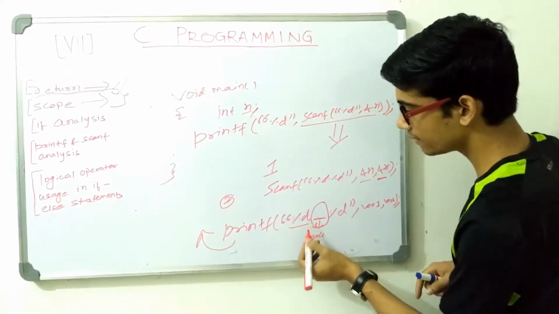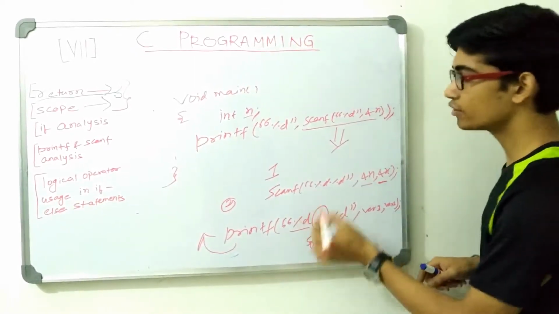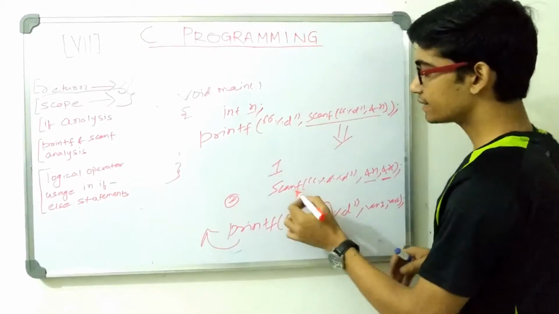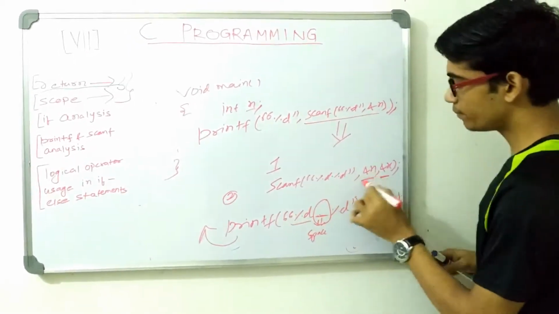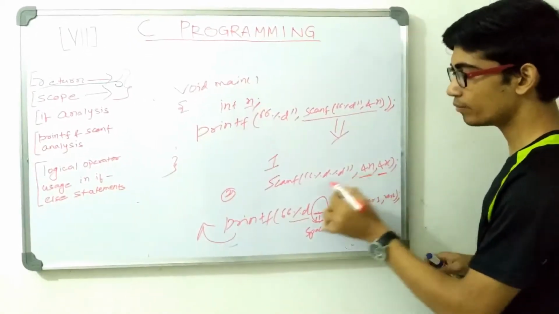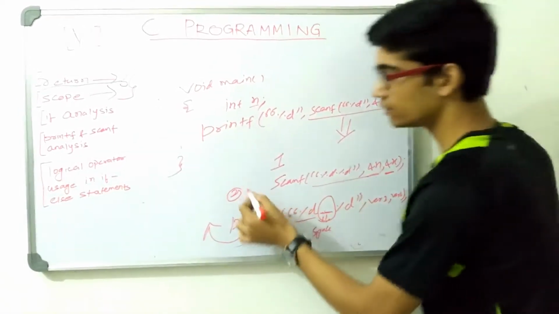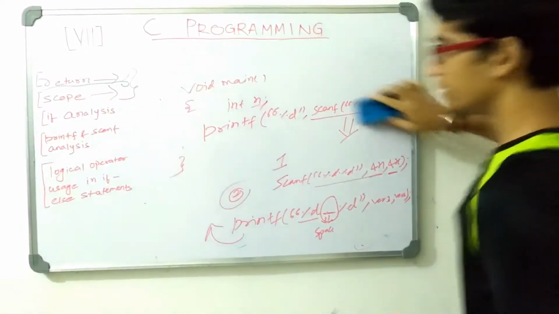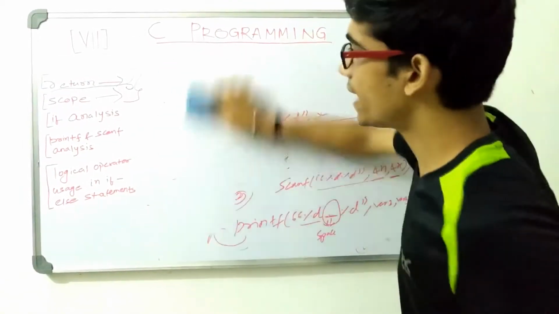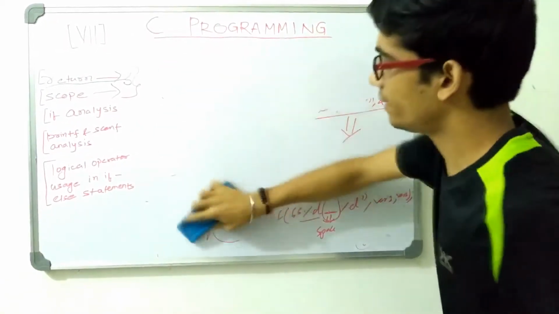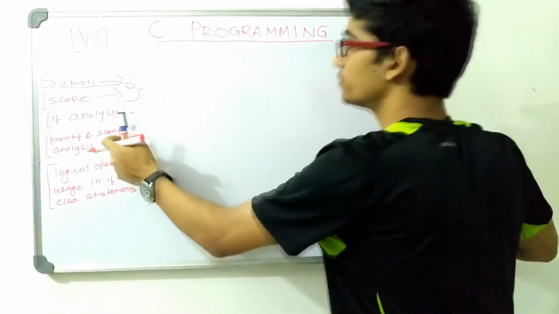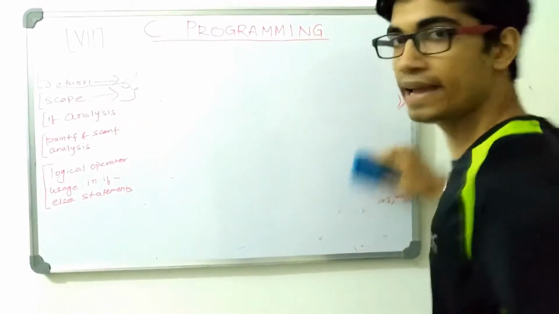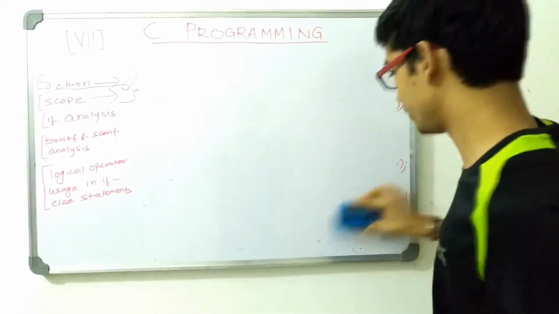The number of characters here are 1, 2 and 3. So printf returns you the number of characters that is being printed, and scanf returns you the number of inputs. How many times you are taking an input? Here we are taking 2, so scanf is returning 2. Okay, so this was about printf and scanf analysis, and we will also describe printf and scanf structure when we study header files in later video sections.